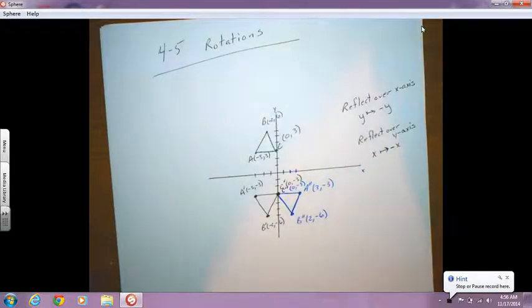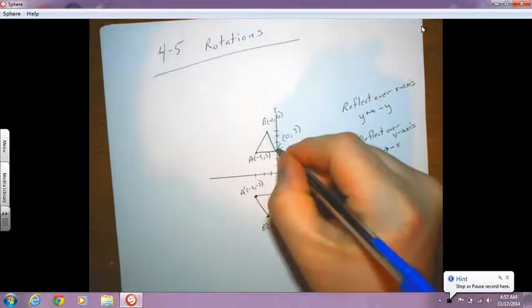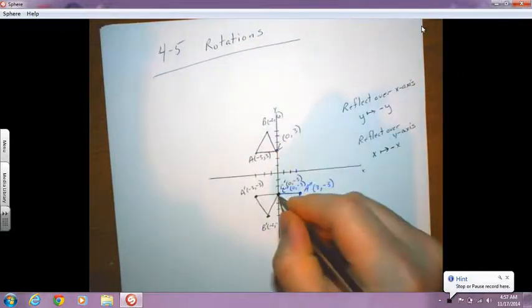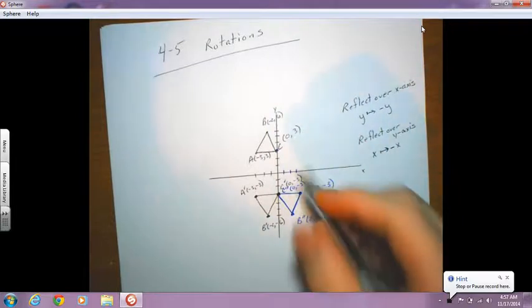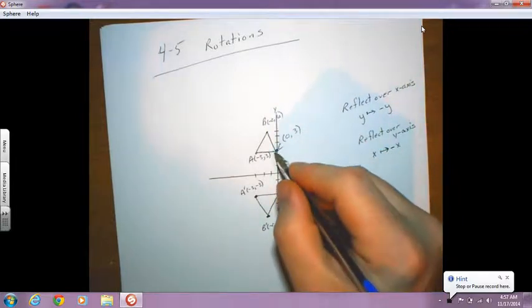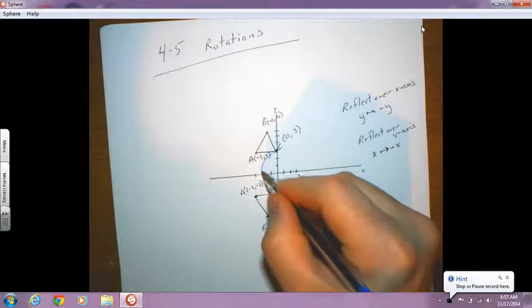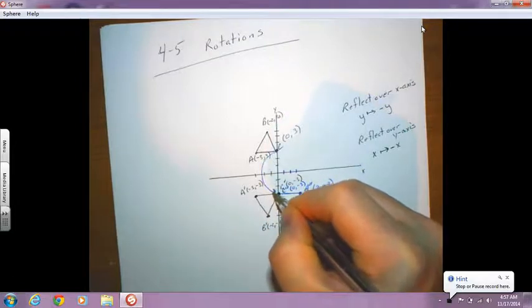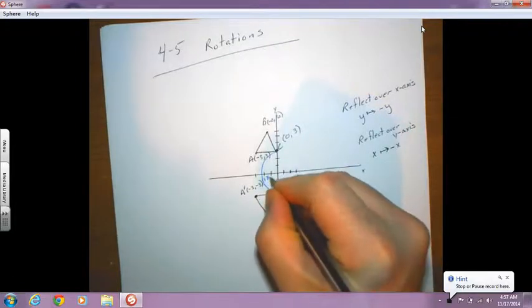And what's even more interesting about this is that if we look at how to do this as a rotation, it looks like from point C to point C double prime, we could have rotated a full 180 degrees to get to there.